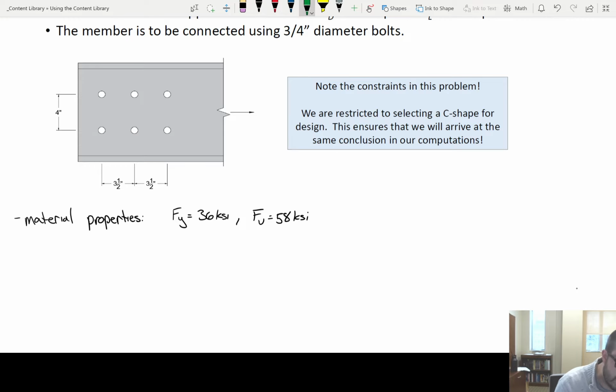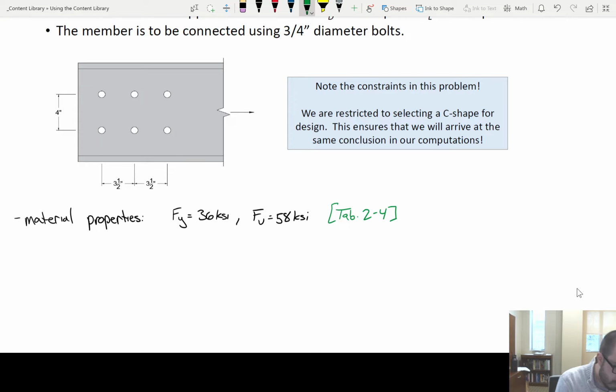Again, we get that from table 2-4 because we are using grade 36 steel, so that's pretty straightforward. Starting now and throughout the course, we're going to hit a point where we just know, for grade A36 steel, 36 KSI and 58 KSI respectively. So it'll be quick as we move forward.